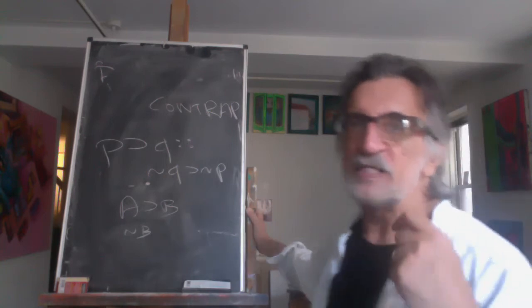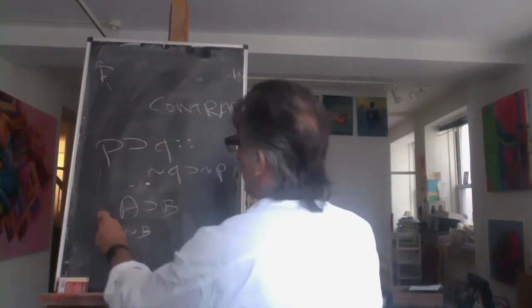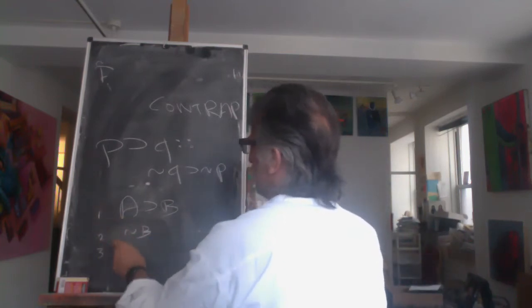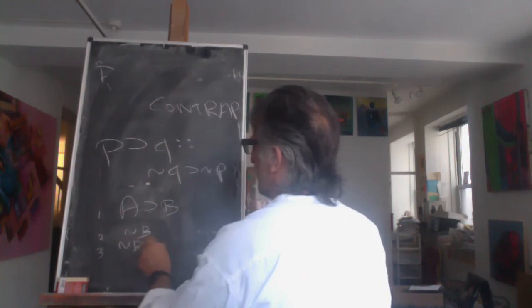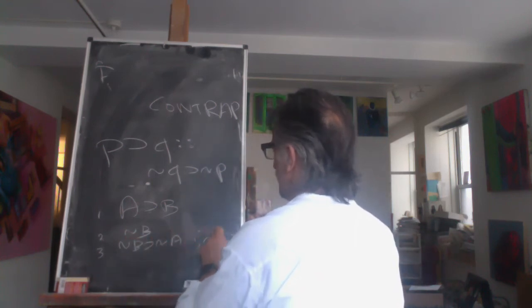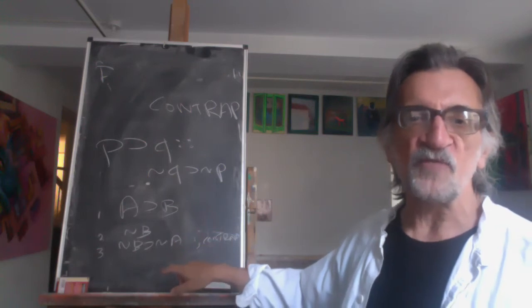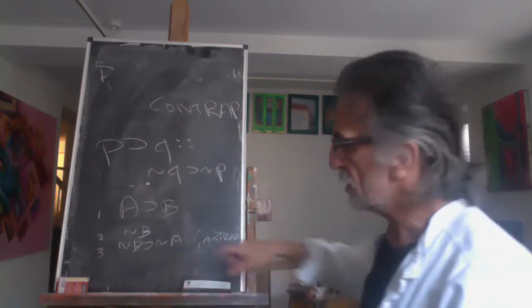But if we did not have modus tollens as a rule, here's something else we could do. From if A then B, we could go to if not B then not A by contrapositive.